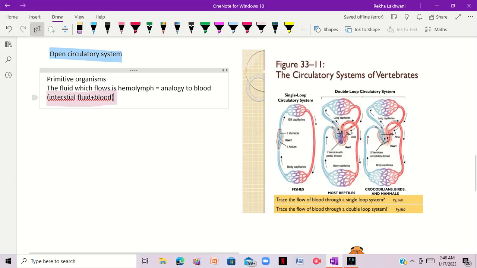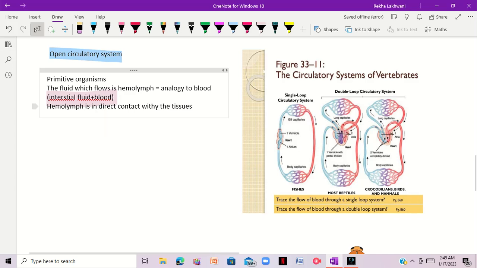So basically, now the hemolymph, the fluid, is in direct contact with the tissues of the body, right?